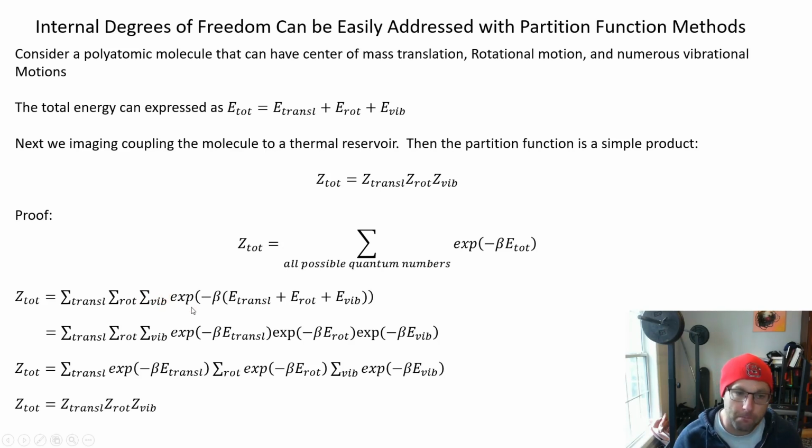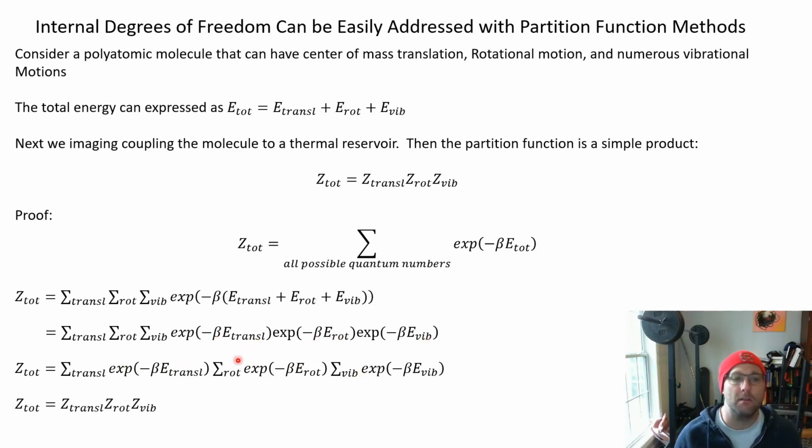And so the Boltzmann factors are e to the minus beta times this sum of e translation plus rotation plus vibration. The fact that the energy can be written as a sum means the Boltzmann factor can be broken down into a product of 3 separate Boltzmann factors. So we sum on all the quantum numbers of e to the minus beta e translation, e to the minus beta e rotation, e to the minus beta e vibration.